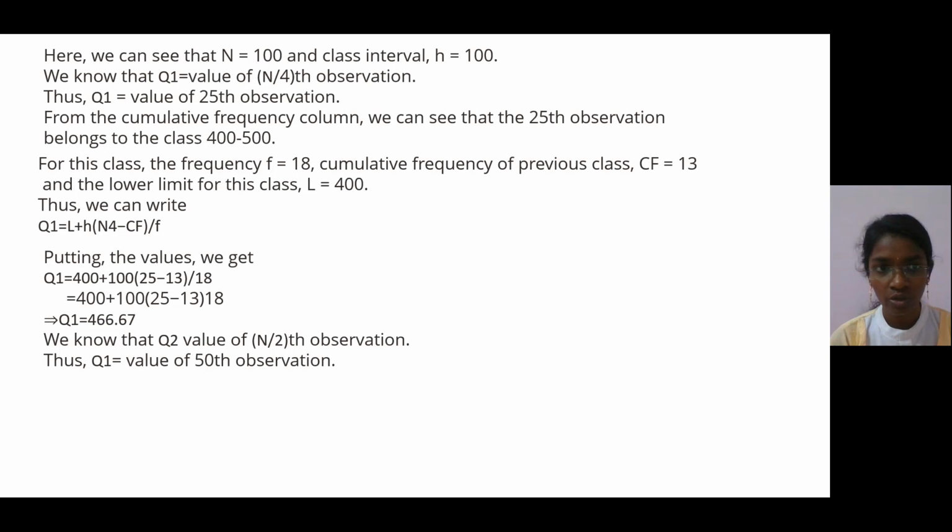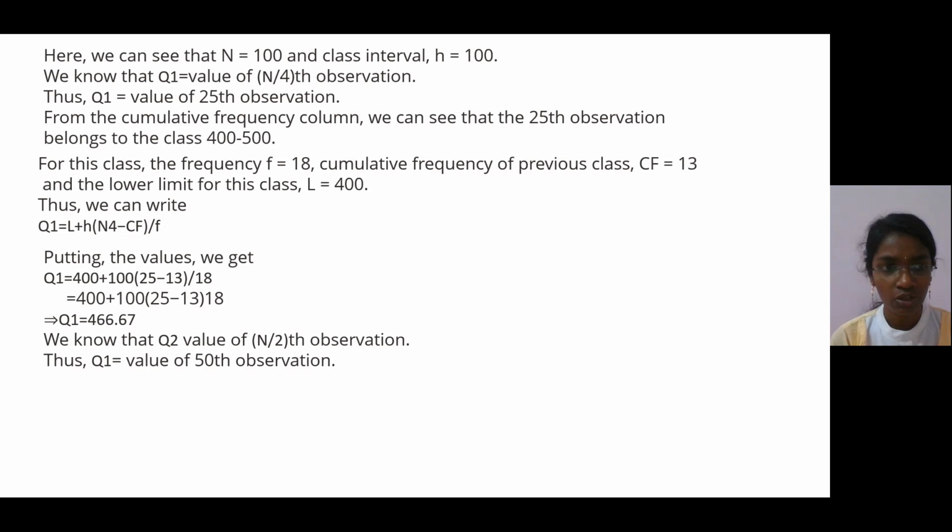We know Q1 is the value of the n by 4th observation, that is the 25th observation. From the cumulative frequencies column, we can see that the 25th observation belongs to the class 400 to 500. That means L is 400, CF is 13, and the frequency f is 18.